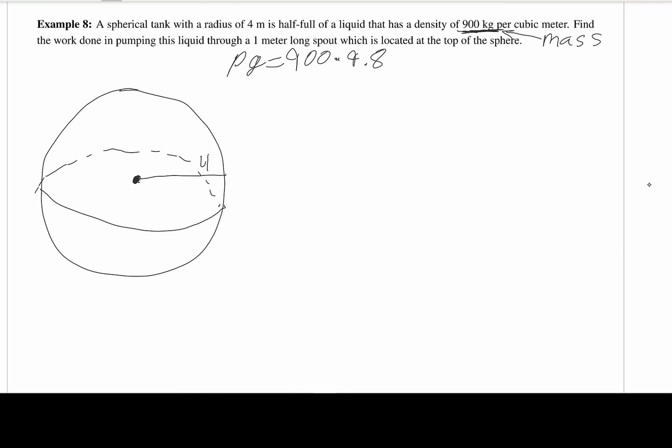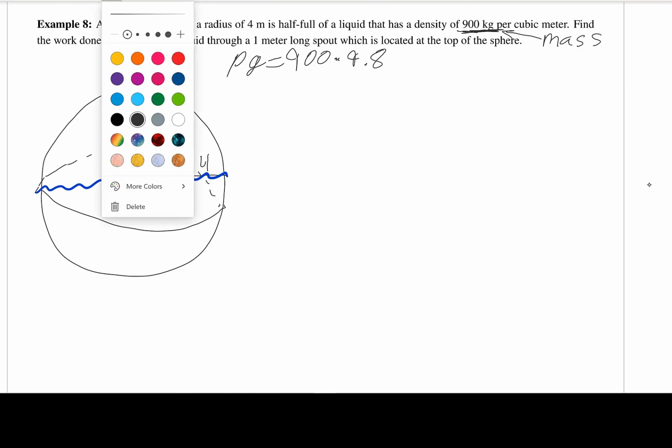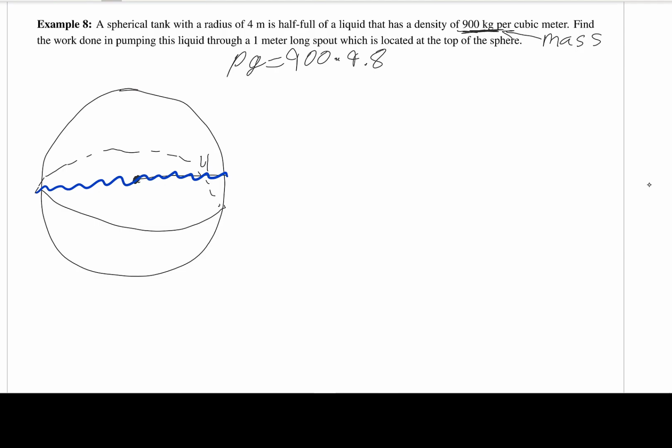All right. Now, if this is half full, then I'm going to go ahead and draw a water line at this halfway full mark. And I'm going to make this radius a little bit thicker. That way we can see it.